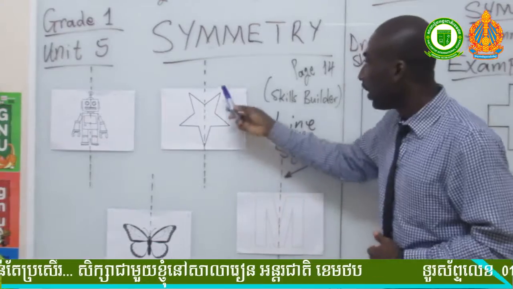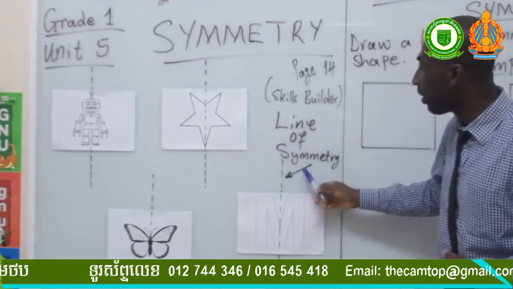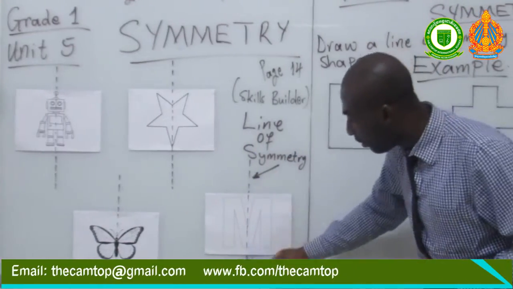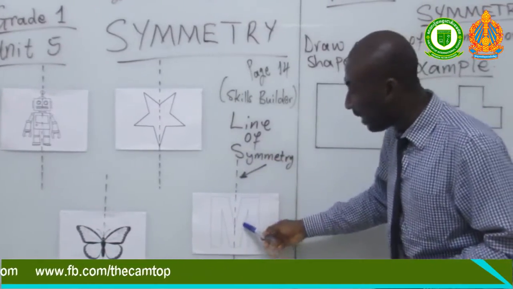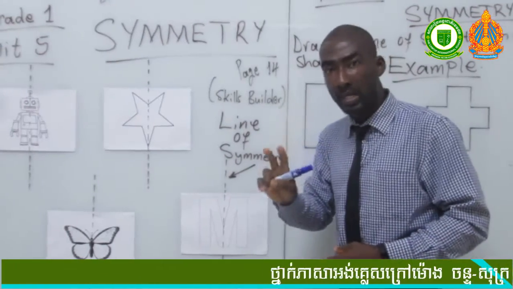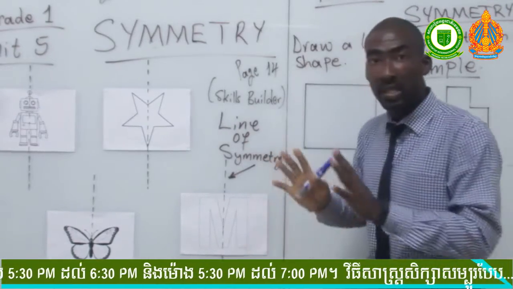These lines are what we call a line of symmetry. This line of symmetry is dividing our image or drawing into two equal parts, okay? The parts should also look the same.